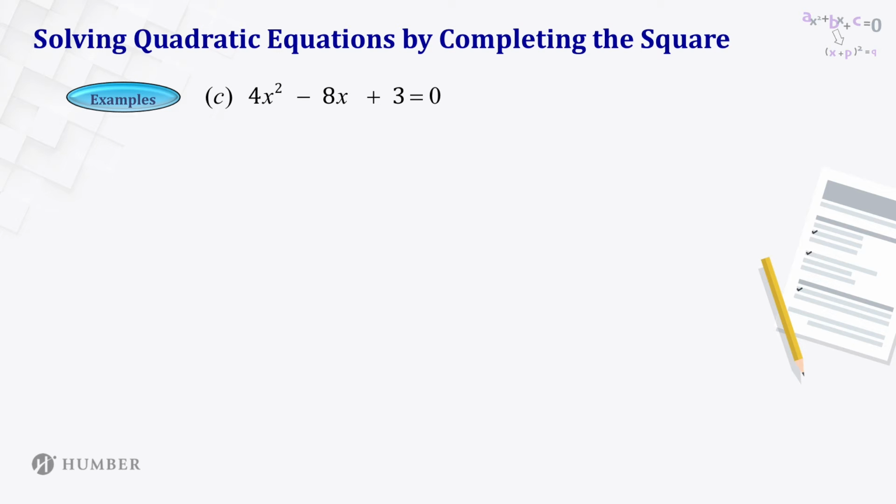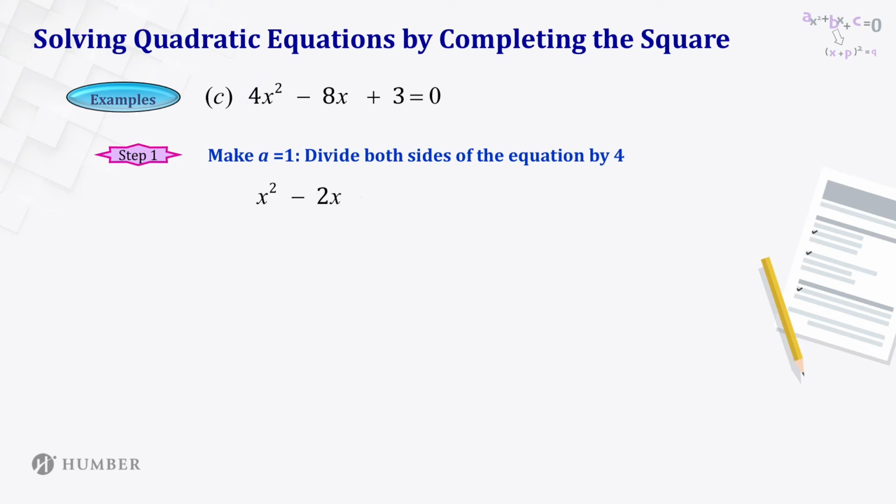Step 1. Since this question has the leading coefficient 4, let's divide entire equation by 4 to get x squared minus 2x plus 3/4 equals 0. Step 2.